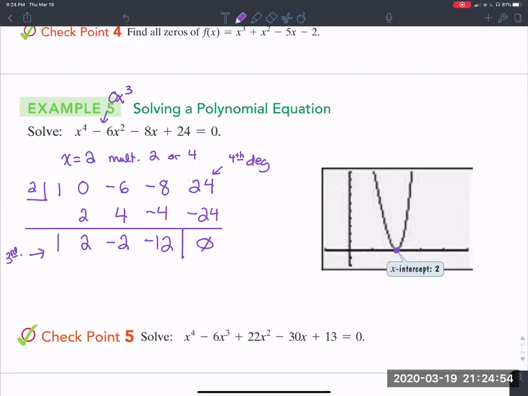But we know that this solution x equals 2 is repeated twice. So if 2 is a factor of the original polynomial, it is also a factor of this polynomial. So we can do it again.